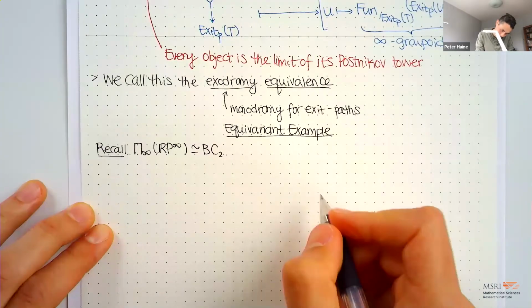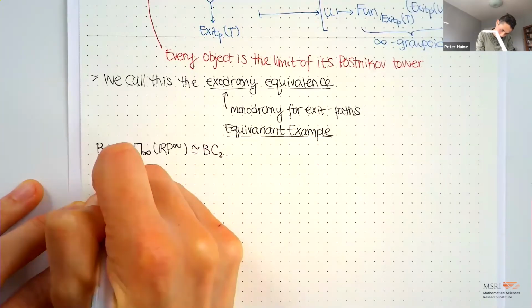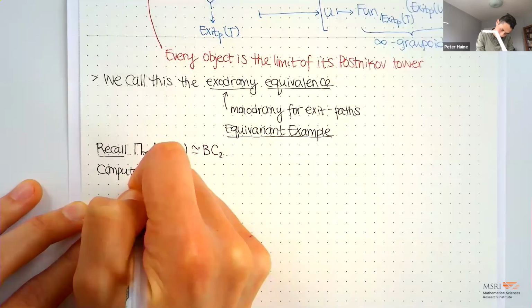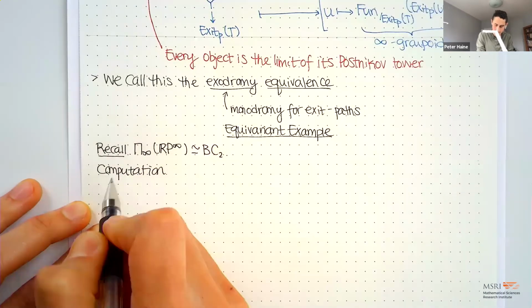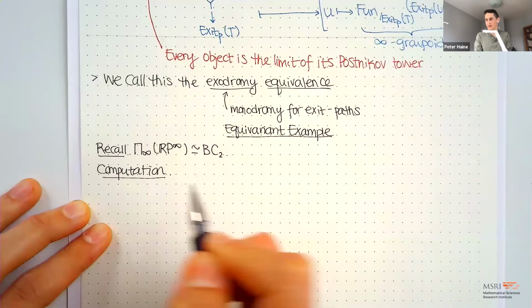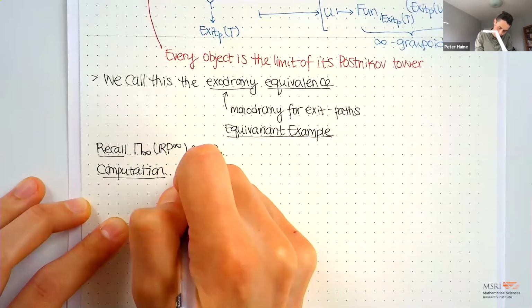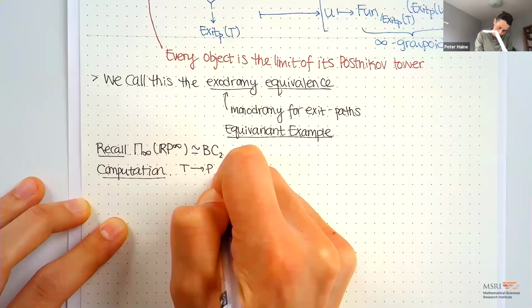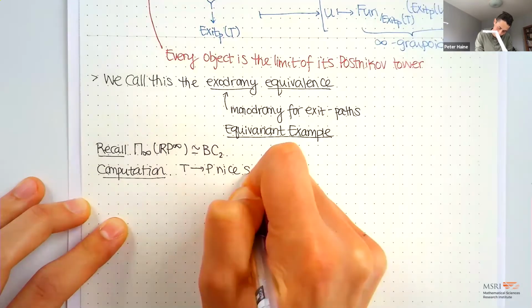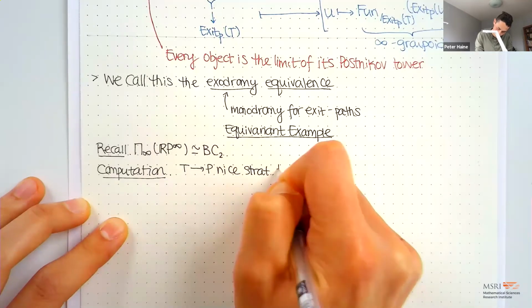And so there's a computation that you can do, as long as everything's sufficiently nice so that this is defined.